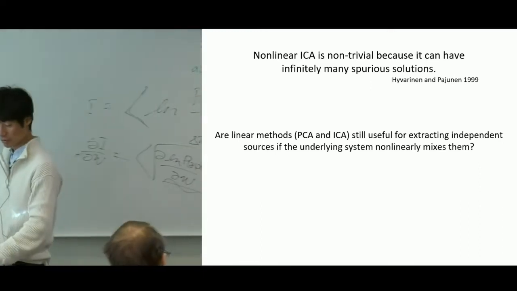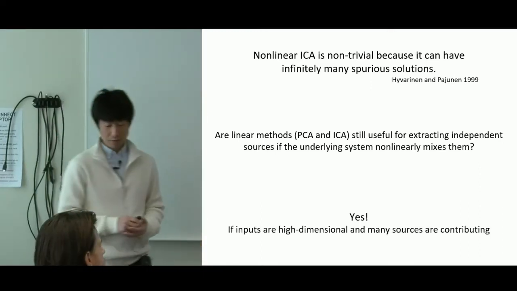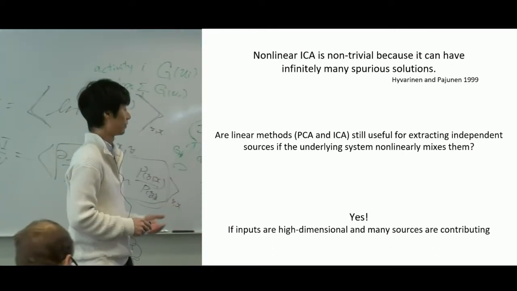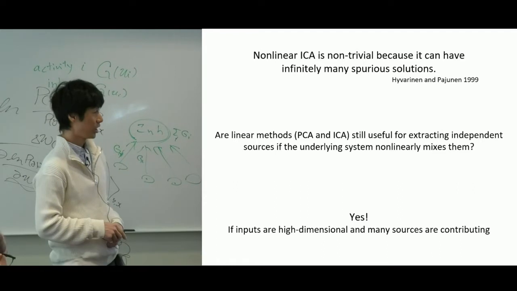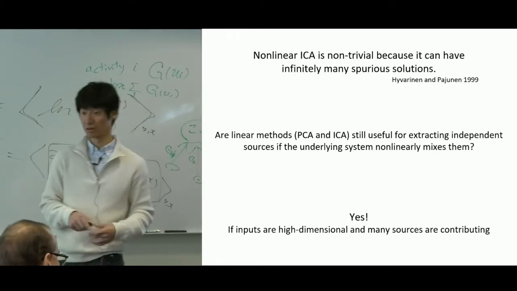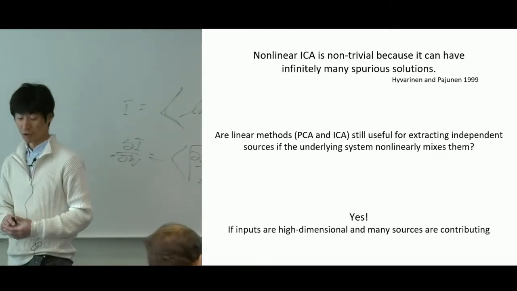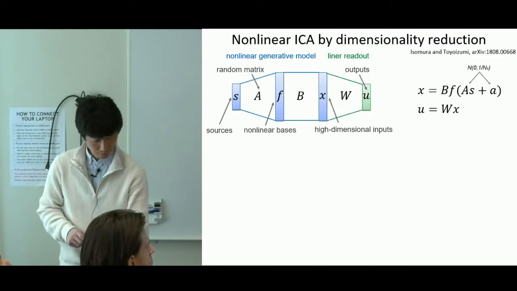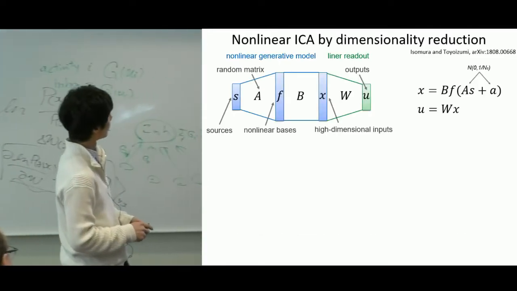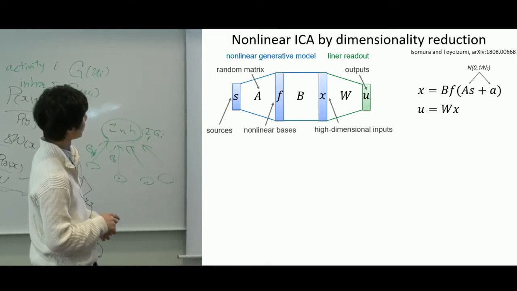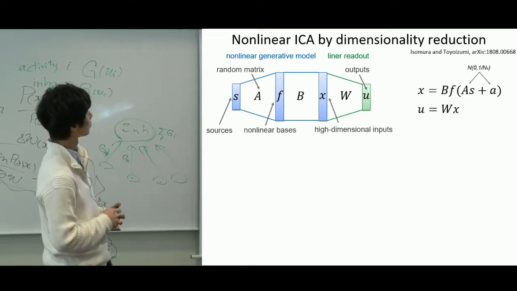That is highly non-trivial. But we find yes in some cases, if inputs are high dimensional and many sources are almost equally contributing. So we'll talk about nonlinear ICA by dimensionality reduction.